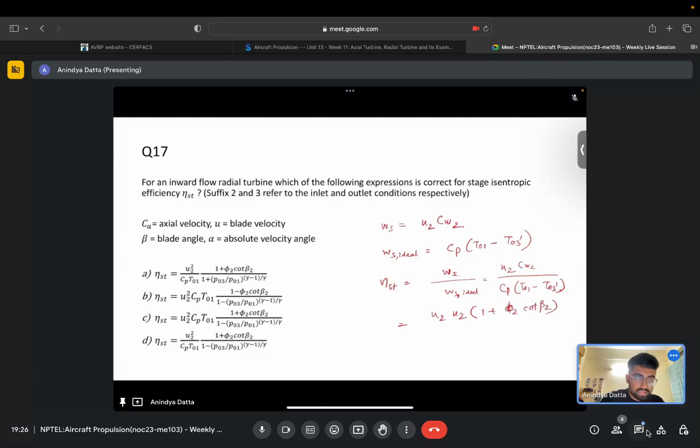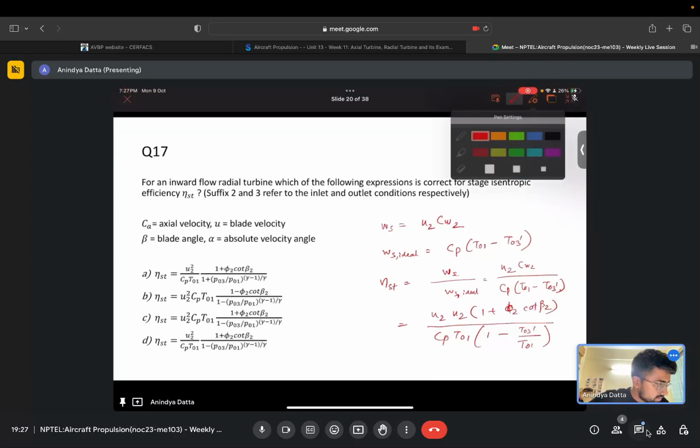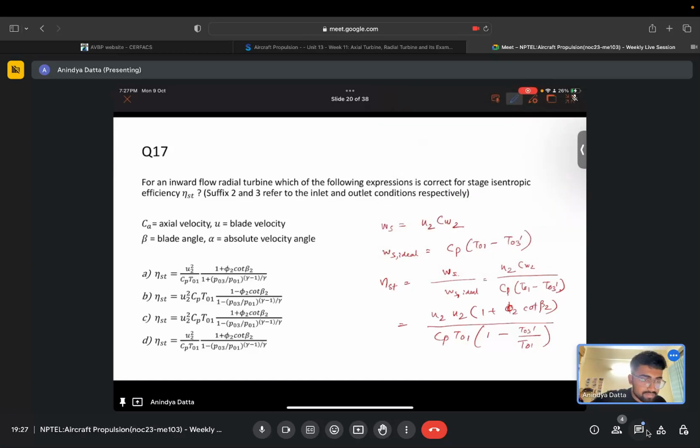This is what we saw, that CW2 is equal to U2 plus CR2 cot beta 2, and if you take U2 common, we get 1 plus phi 2 cot beta 2, where CR2 by U2 becomes phi 2, the flow coefficient. In the denominator we take T01 common, so we have 1 minus T03 prime by T01. This T03 prime by T01 we can write in terms of the pressure ratio.